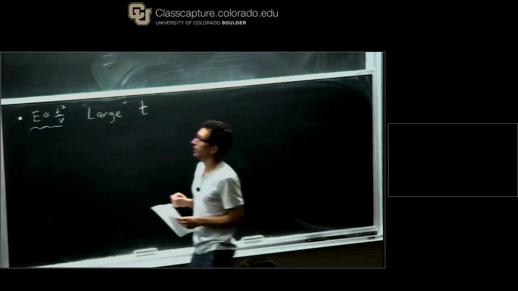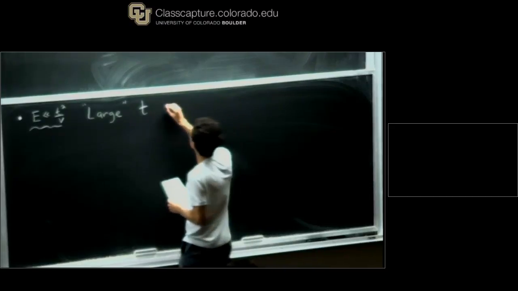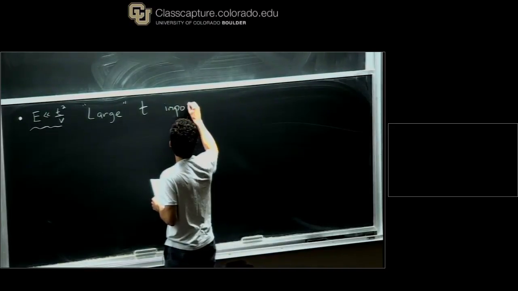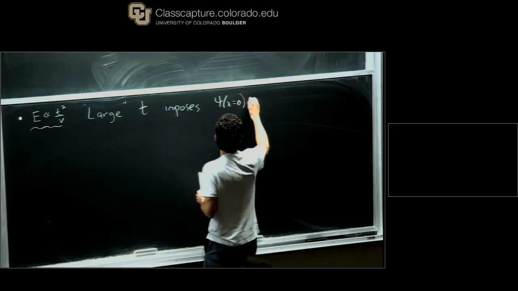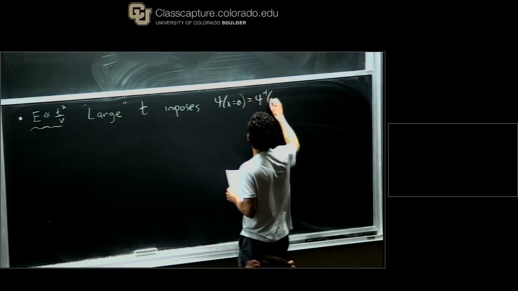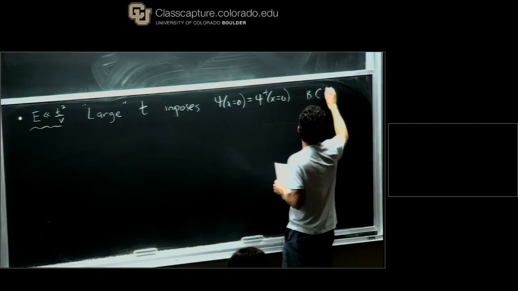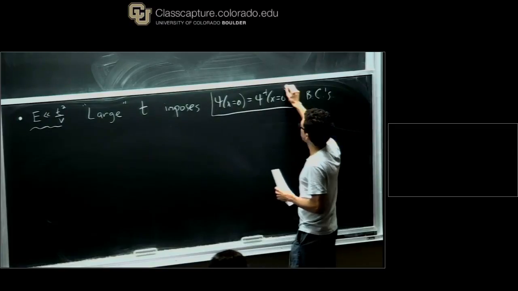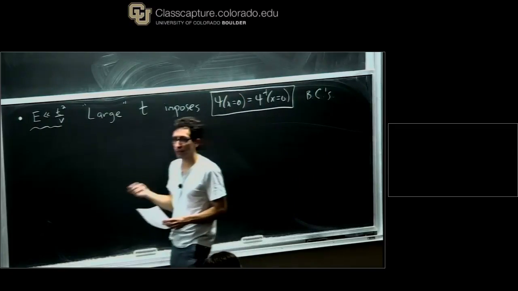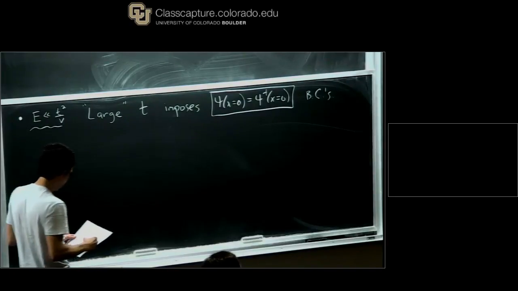Okay, so the large T, let's view this in boundary condition language first. Large T imposes psi of x equals 0 equals psi dagger of x equals 0 boundary conditions, which again tells me that electrons and holes have to be present in equal amplitude at x equals 0.